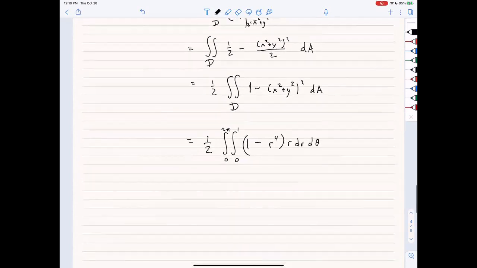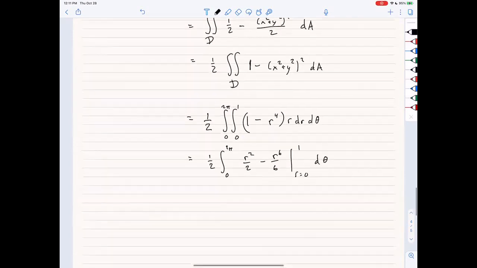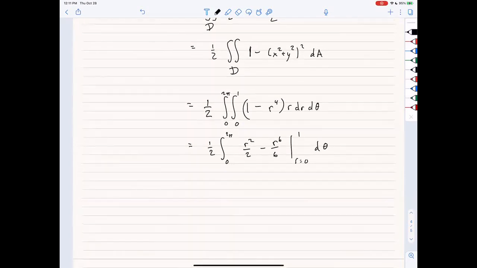Okay. You get this, now we can integrate. Now life is really easy, right? We know how to integrate polynomials, and we've got a polynomial in r. So the integral of r is r squared over 2, the integral of r to the 5th is r to the 6th over 6, evaluating from r equals 0 to 1, d theta. A half minus a sixth is a third.